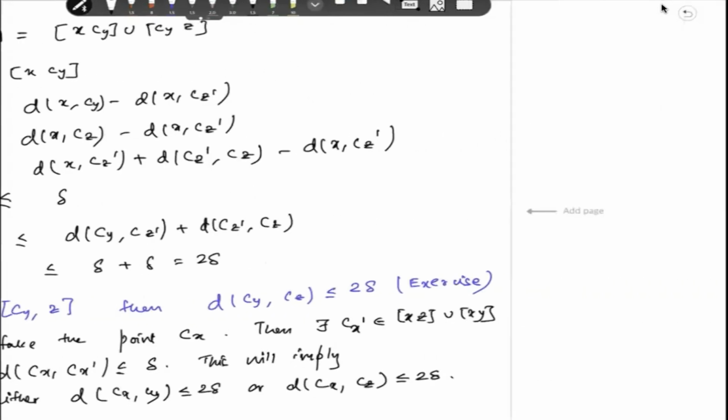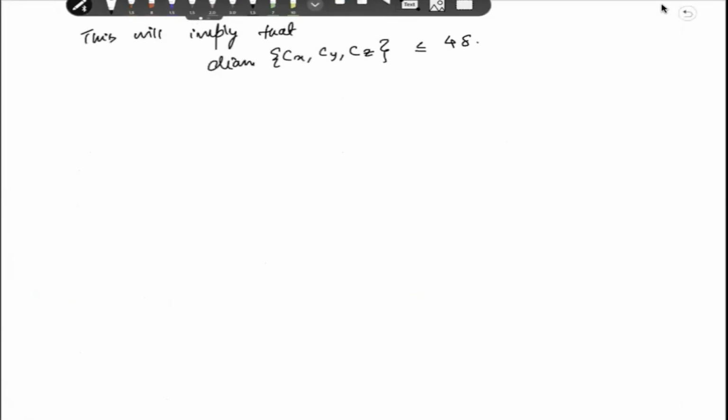So this will imply that the diameter of the set Cx, Cy, Cz is less than or equal to 4 delta. Okay, so let me recall what we have done.